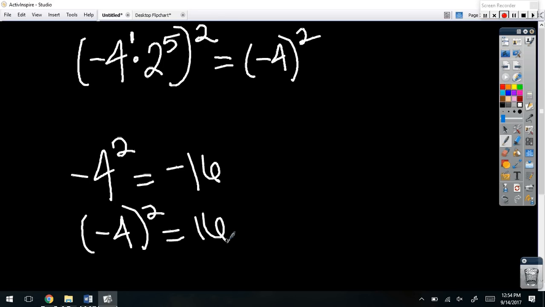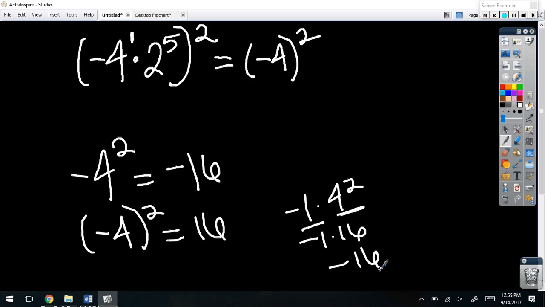When you put a negative in front, that's implied, like negative 1 times 4 to the 2nd. I'm saying this because of the way your calculators work whenever you put negative numbers in there. In order of operations, exponents always trump multiplication, so it would do negative 1 times 16 and give you negative 16. So to force it to go to the whole negative 4, I need to put that negative 4 in parentheses. Does that make sense? Okay.